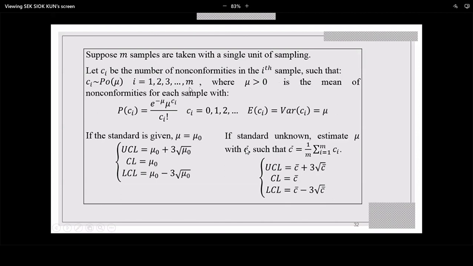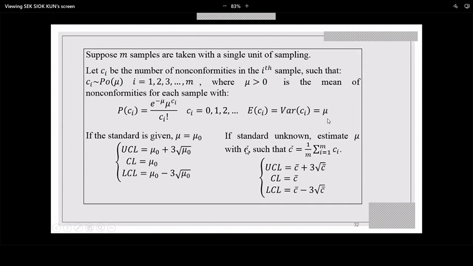You have n samples, i is 1, 2, and so on. And then the Poisson distribution mean, which is positive, and the variance also equal to the mean, which is equal to mu.